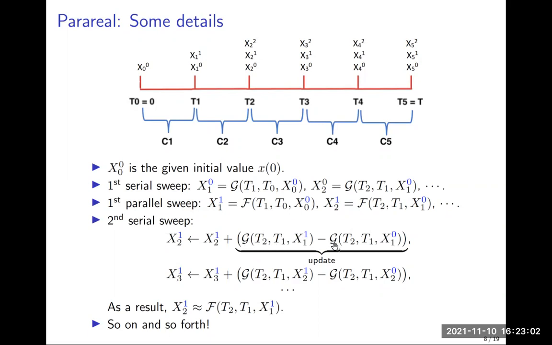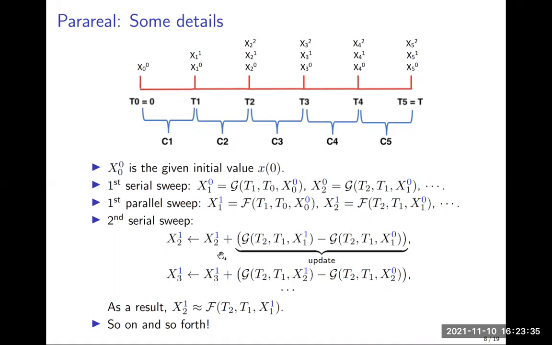And minus, this is another solution produced by the coarse solver, again propagating from T1 to T2, the only difference is in the second term here, I'm using an older initial guess. Okay, so the only difference between these two terms is the initial guess. So the update essentially gives you the following quantity. It's the improvement you can possibly gain if you use a better initial guess.